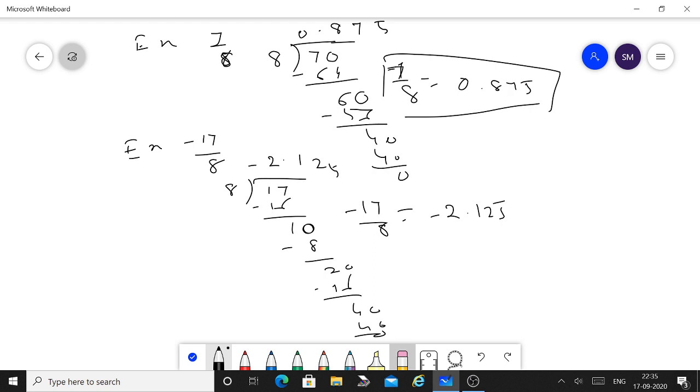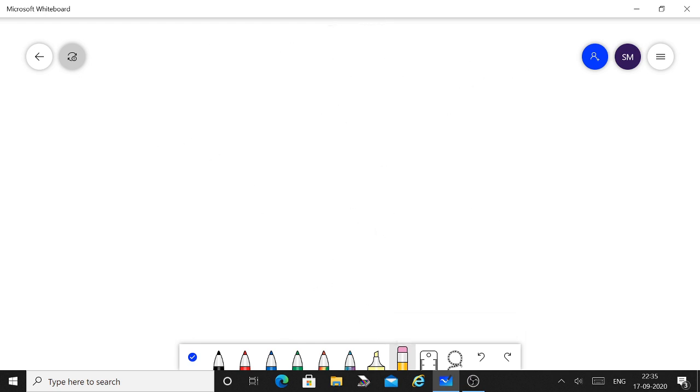One thing: there are terminating rational numbers and some are non-terminating. An important thing to remember, which you studied in class 7: without dividing, how can you tell whether a rational number is terminating? Just look at the denominator.